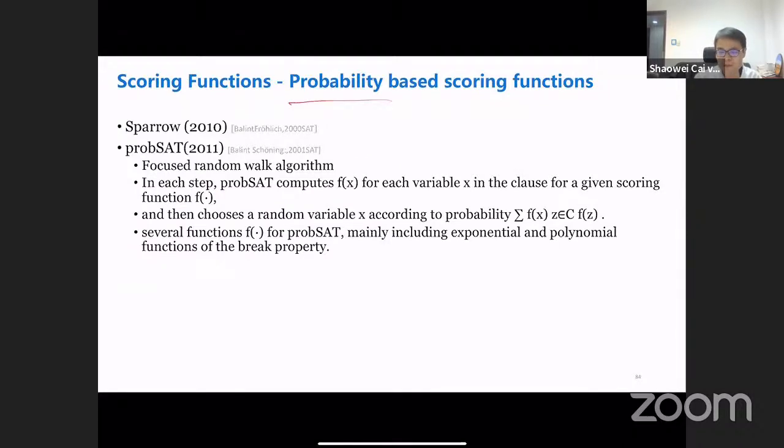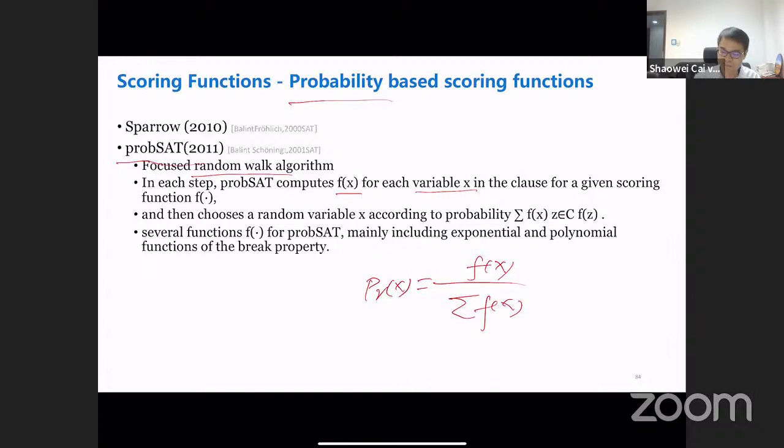A recent typical method for scoring function is based on probability. A very typical solver is probSAT, which is also a random walk style. In each step, you select an unsatisfied clause and then compute the value of a function for each variable x, and then each variable x is picked according to the probability equal to this.